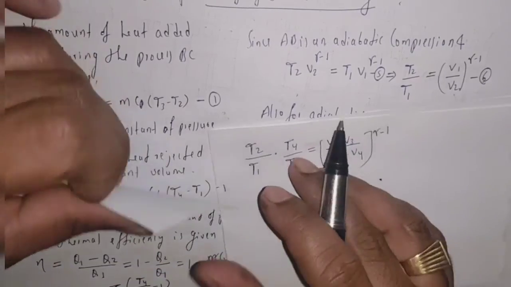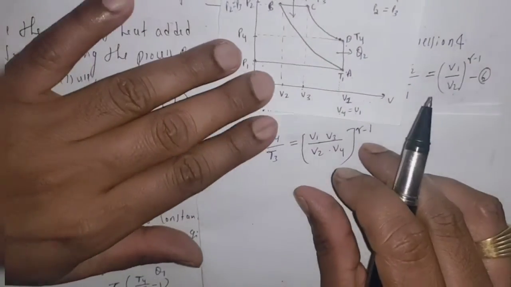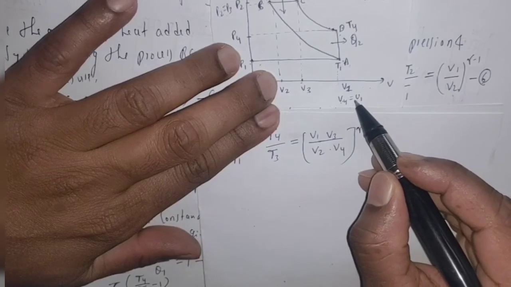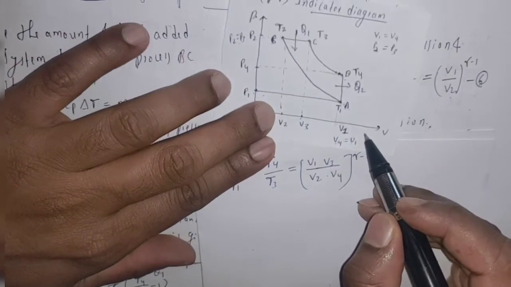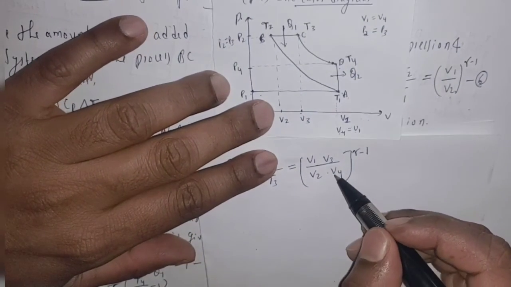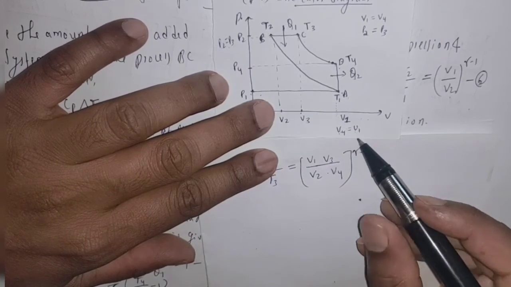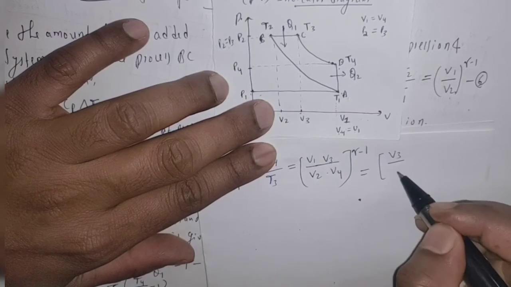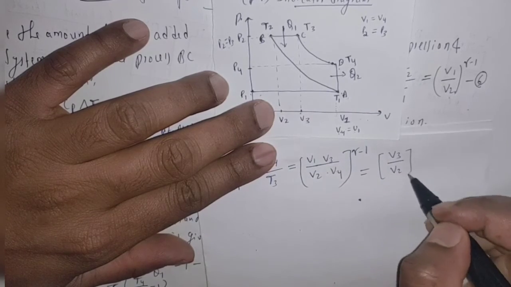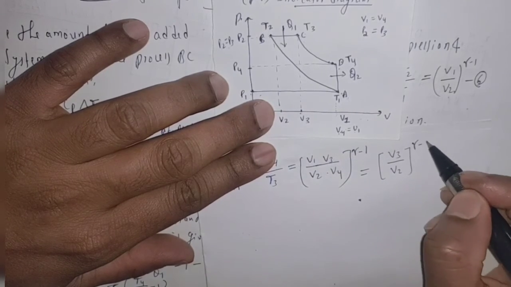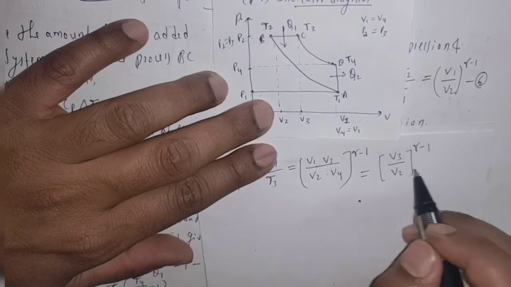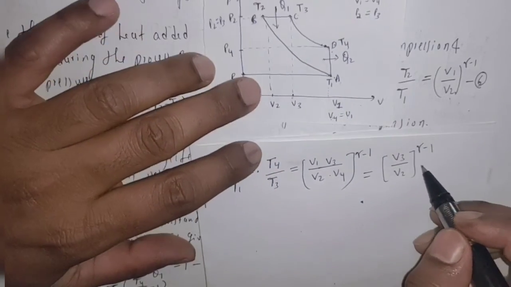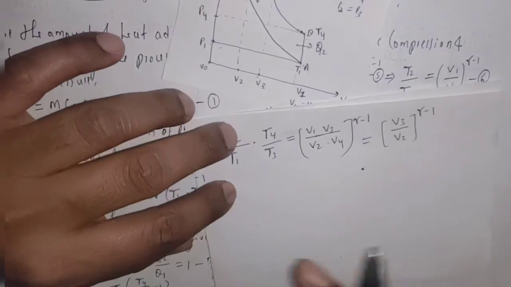But in the PV diagram we can see that V4 is equal to V1, so we can replace V4 by V1. Then we are going to get V3 divided by V2 whole power gamma minus 1, and I am going to represent this equation by 10.